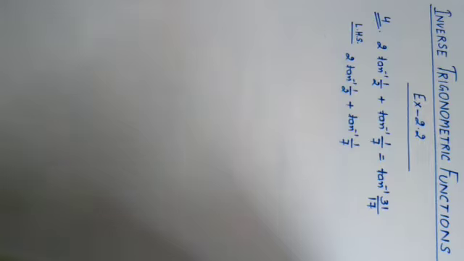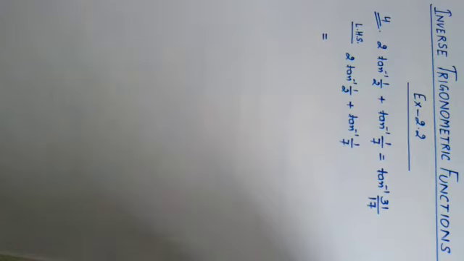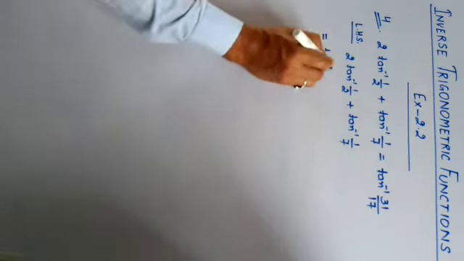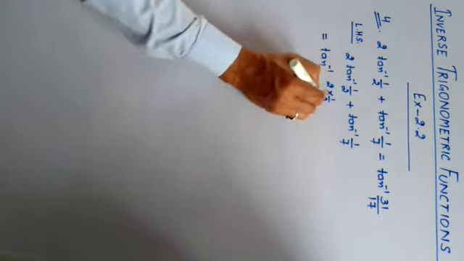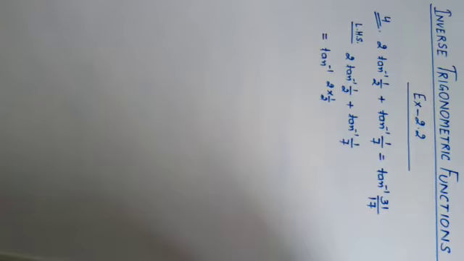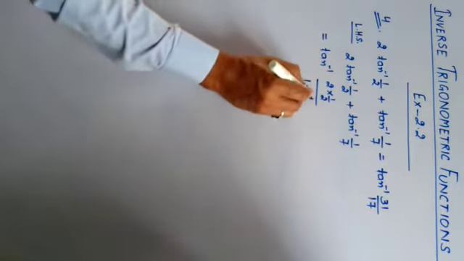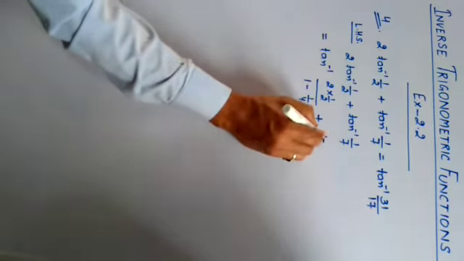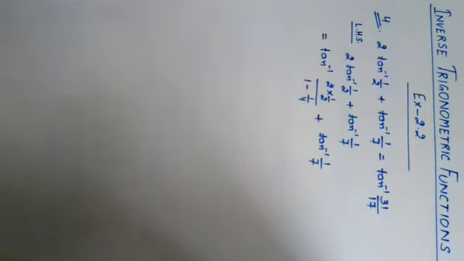So 2 tan inverse 1 by 2 can be written as tan inverse of 2x, 2x means 2 into 1 by 2, upon 1 minus x square, 1 minus 1 by 4. And this tan inverse 1 by 7 will remain as it is.